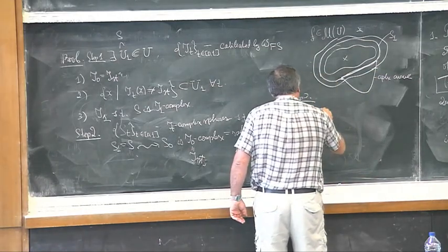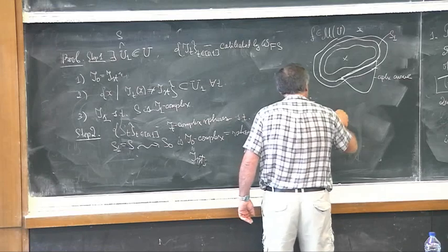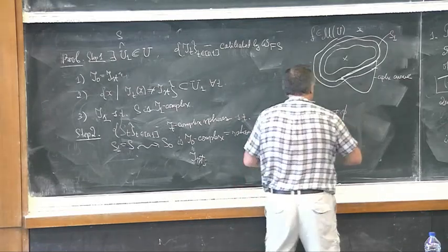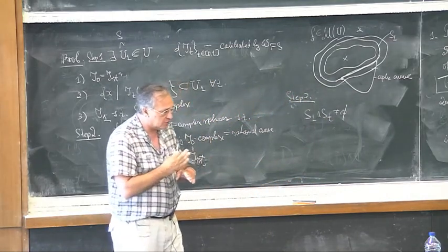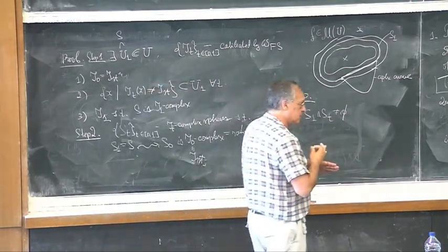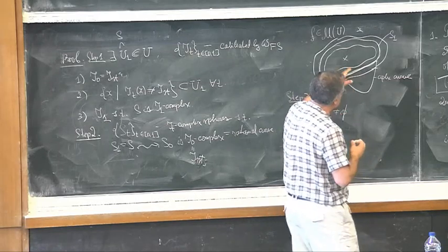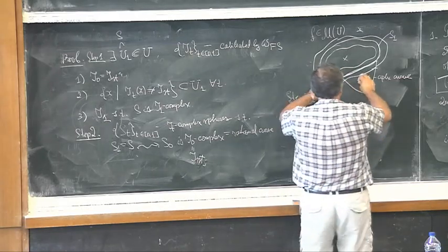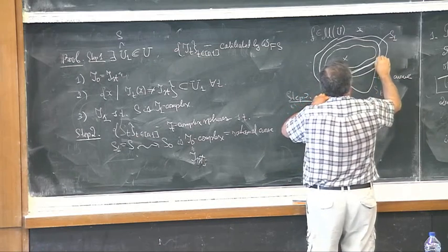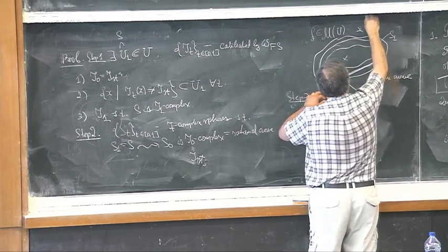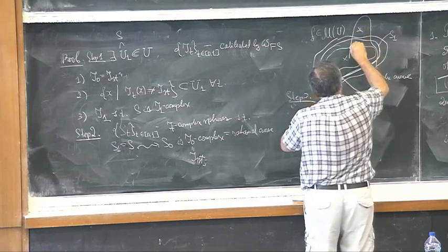S1 always intersects all ST because they are not trivial in homology. So by homological reasons, you never leave completely this domain. So this sphere, which is ST, it's like Z, and it can go out also here, but it must cut S1.